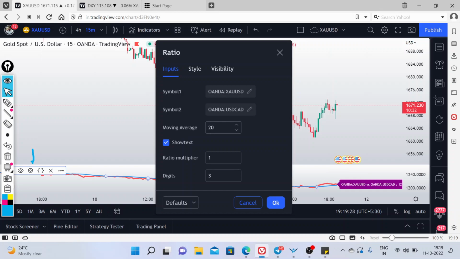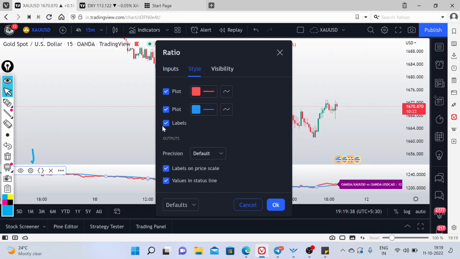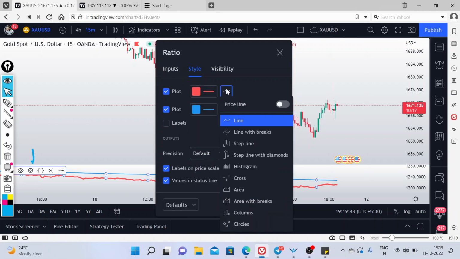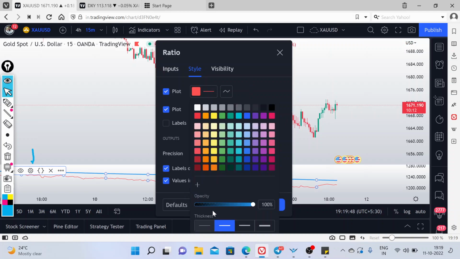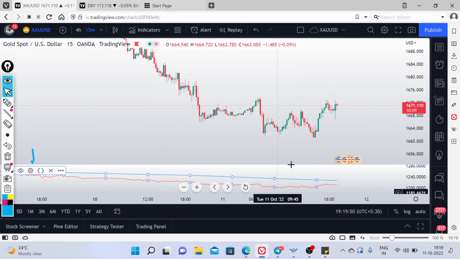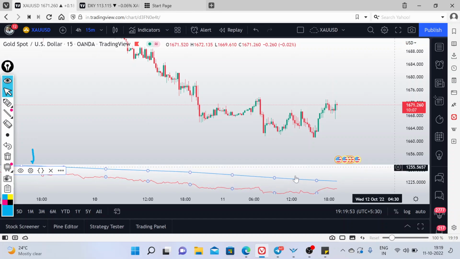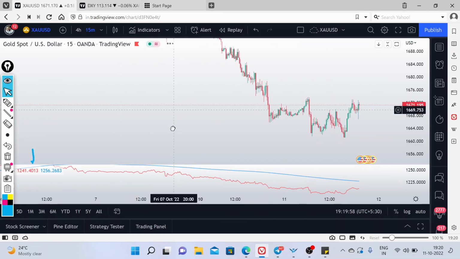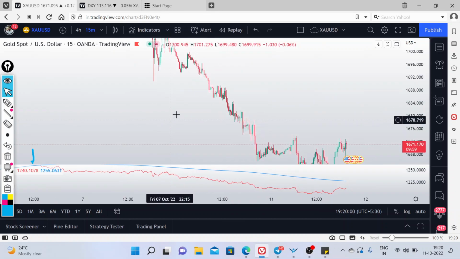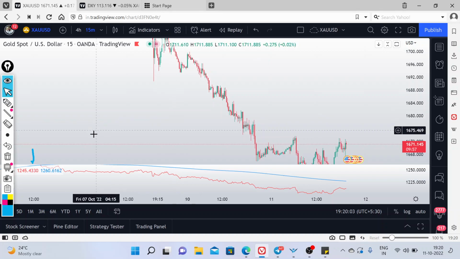For this example and for the method that I use, I set this moving average to 250, and you can customize the color as per your settings. I'm not going to change that, but I'm going to decrease the thickness a little bit, and here it is. As you can see, it shows you the ratio between gold and the USDCAD symbol.